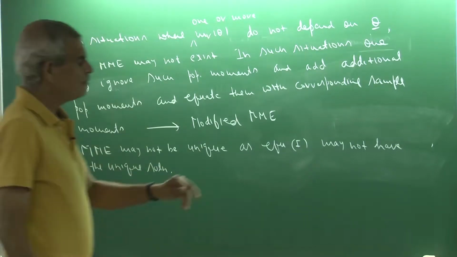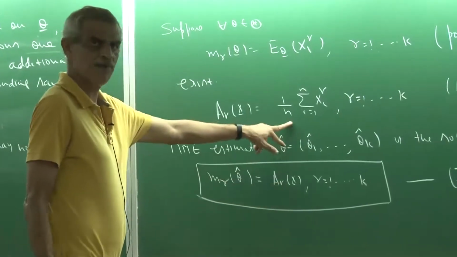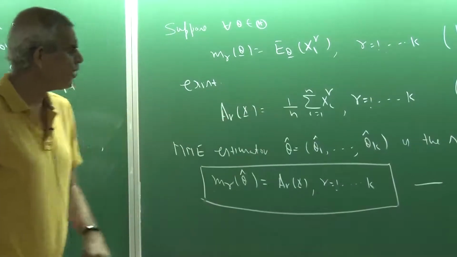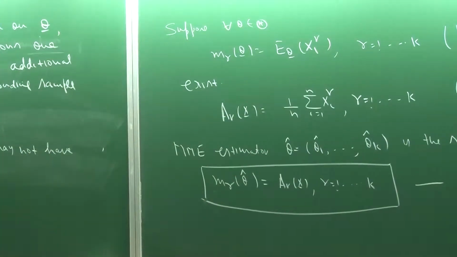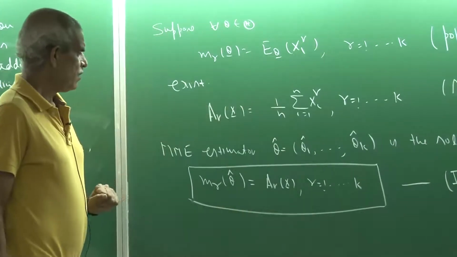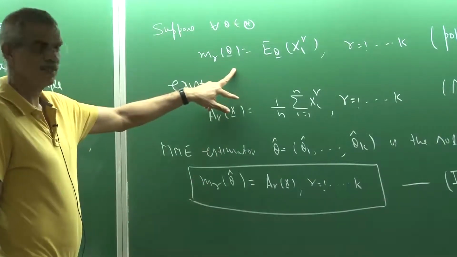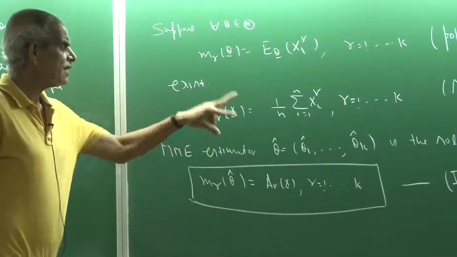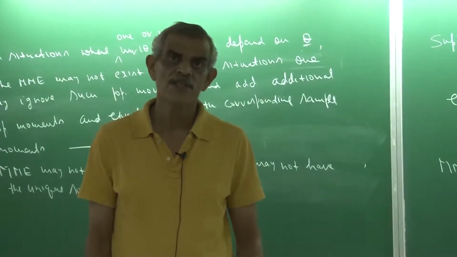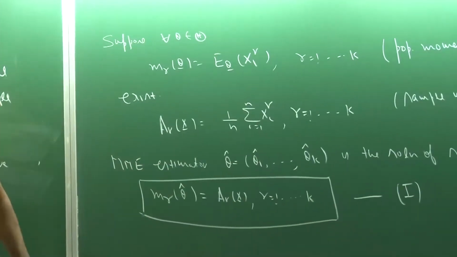Now note that what you are doing over here is replacing population moments with the corresponding sample moments A_r(X). So first thing you should note is 1 upon n summation xi to power r. What is its expected value? Its expected value is M_r(theta). So A_r(X) by the weak law of large numbers is consistent for M_r(theta) because it is the average of the xi to power r, and these are IID.